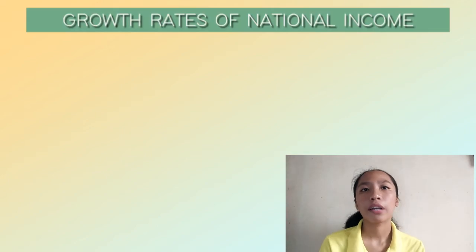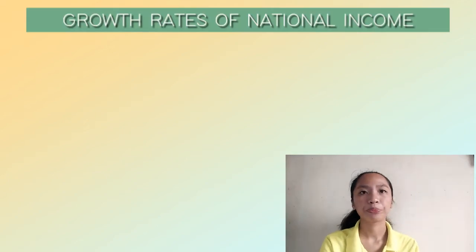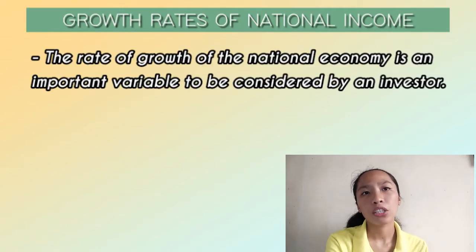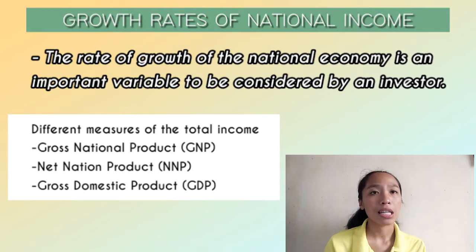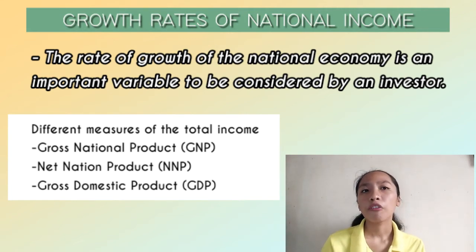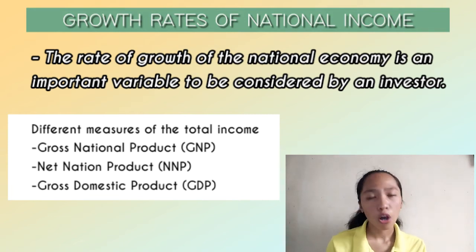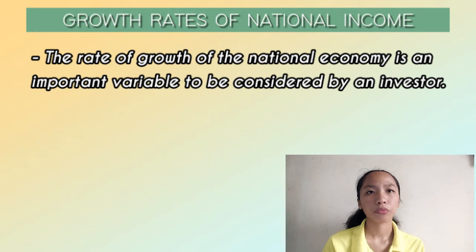So in economic analysis, we need to understand these concepts. First is the growth rates of national income. The rate of growth of the national economy is an important variable to be considered by an investor. The GNP, gross national product, NNP, net national product, and GDP, gross domestic product, are the different measures of the total income or total economic output of the country as a whole.